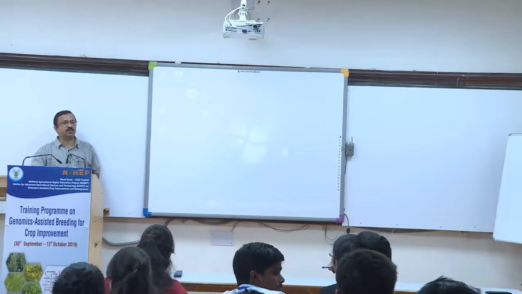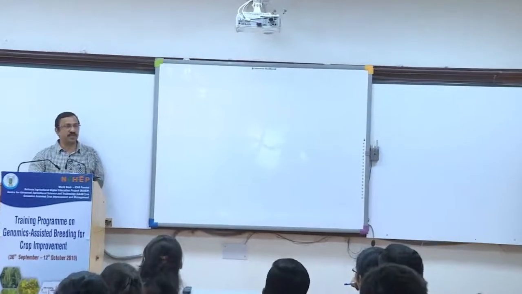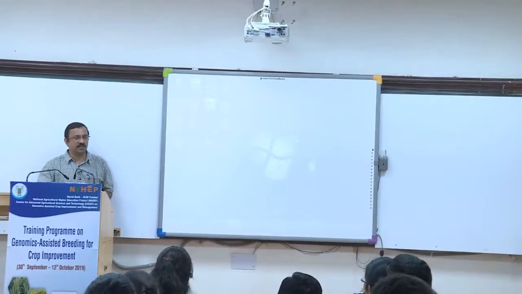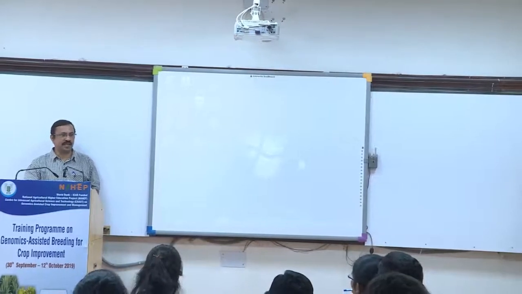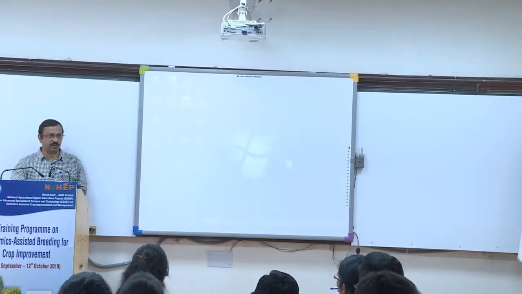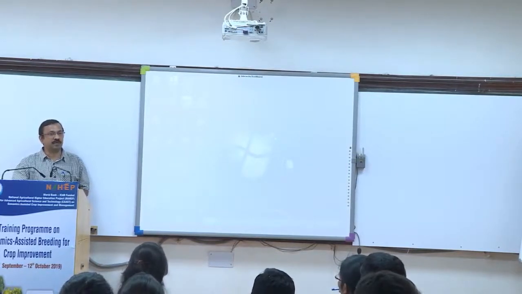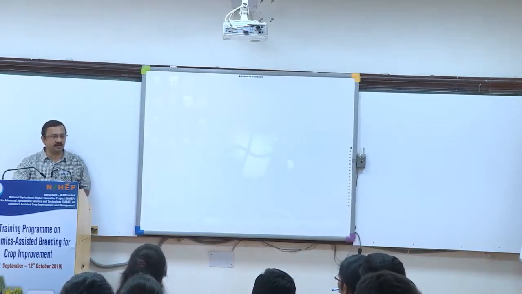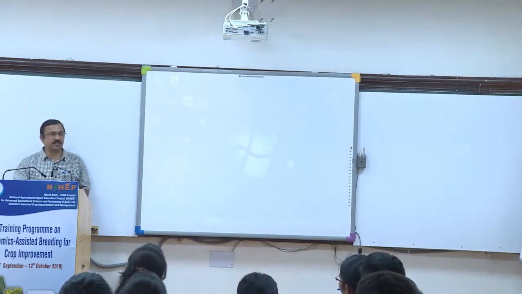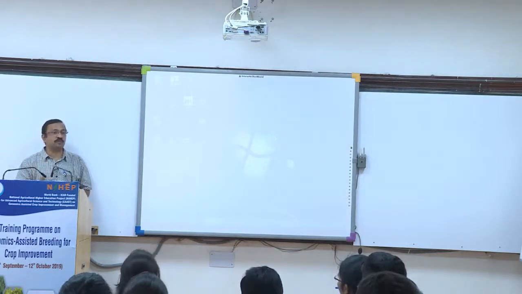The marker repertoire is evolving, so you should identify for what purpose. Maybe for routine use in the lab, SSRs are best because they are reproducible. You can convert a good RAPD marker into what marker? SCAR. You can make your selections based on it. So it depends on what purpose you are using it for.